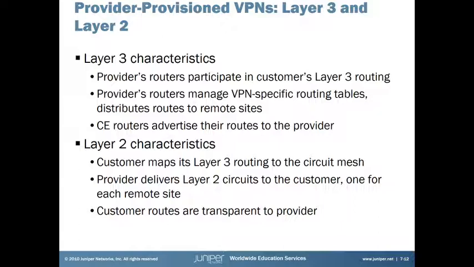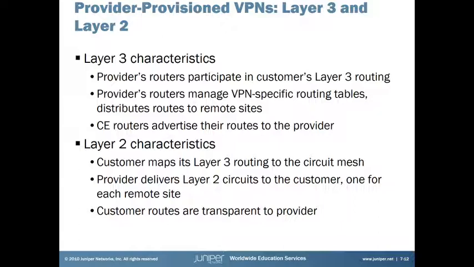And what typically happens is we have a service level agreement which says this is the level of service that we require from you, or often the provider comes back and says, this is the level of service that we're going to offer you with our layer 3 VPN products, and this is what we're going to charge you for that. That's really how it works. So sometimes these things are negotiated on a per customer basis as well.